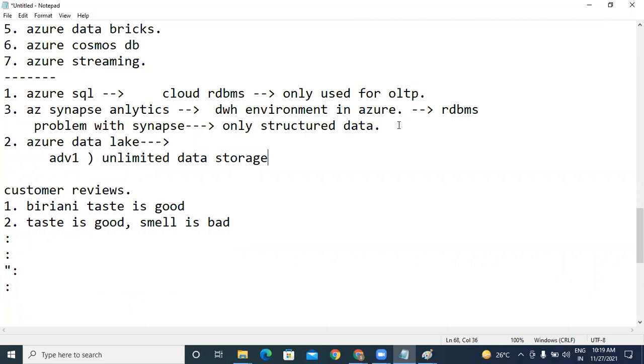It is very different. But in the case of an RDBMS, how much can you store? Can you store a petabyte of data in Oracle? No, cannot.